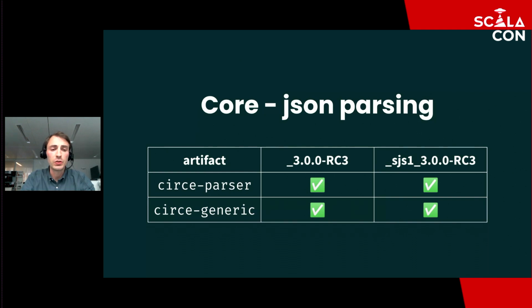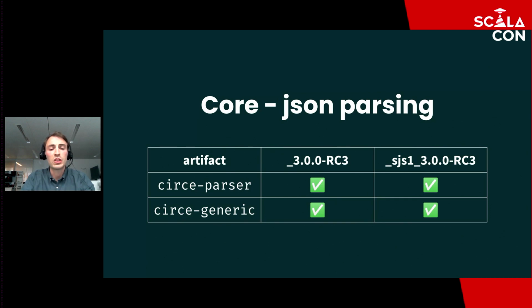So I'm using two different artifacts. The first one, circe parser, is useful to parse a string to a JSON object. And then the circe generic artifact can derive some codec to transform our own data class to JSON and back to a data class.